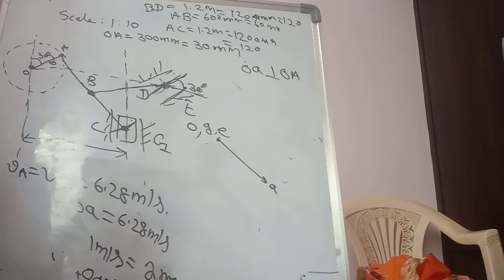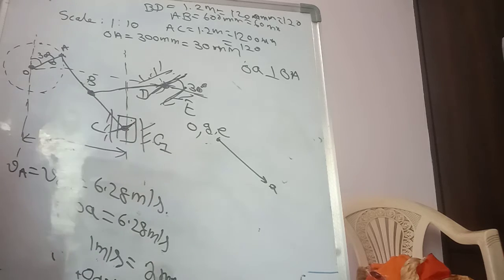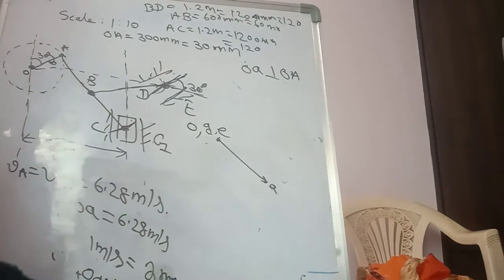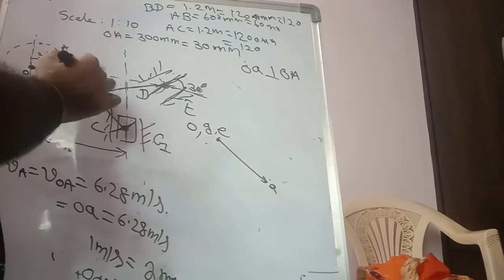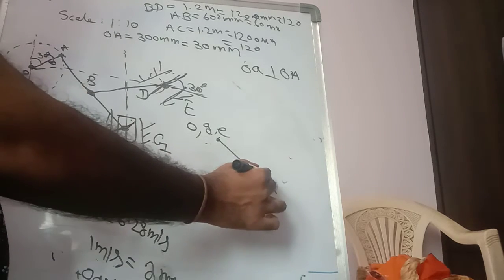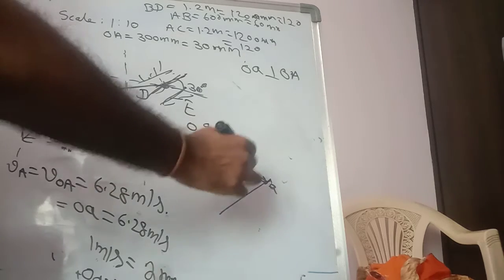Now I want to find out the point C. So you have to draw a line from A perpendicular to AC. You draw a line, so this line is perpendicular to AC.